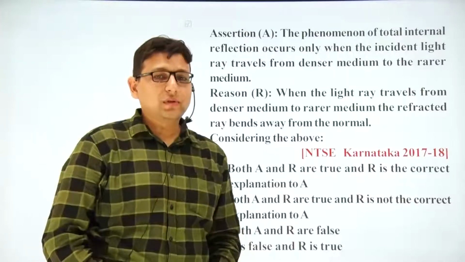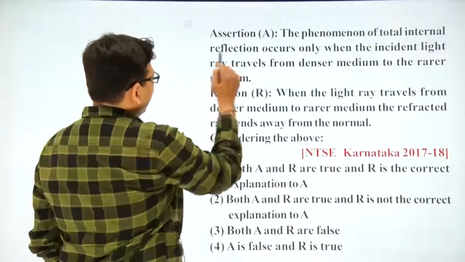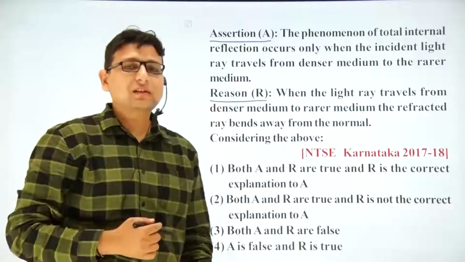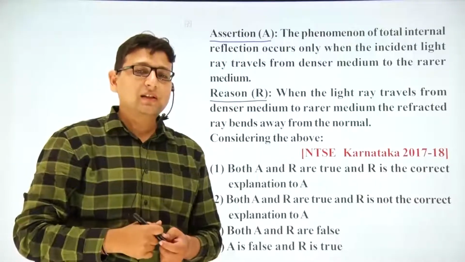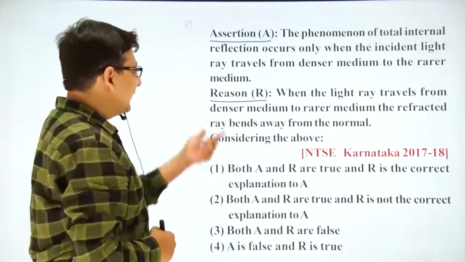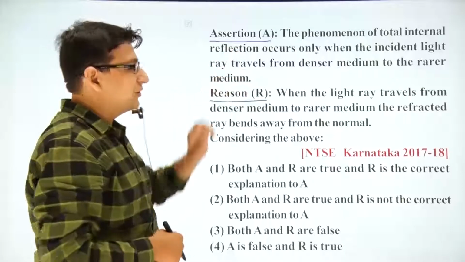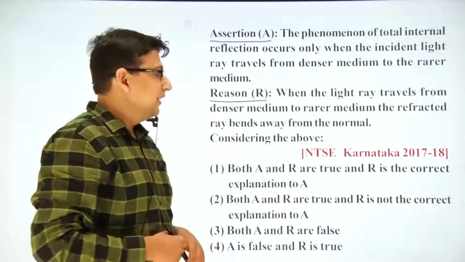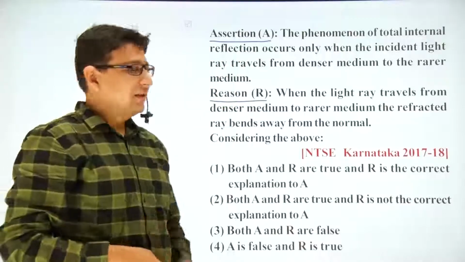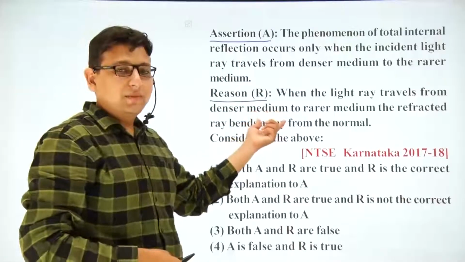Students, moving to the next question. We have a question based on assertion and reasoning. Two statements are given, one assertion and another reasoning, where statement 2 represents an explanation of statement 1. It may be possible that the assertion does not belong to the reason; the reason may be of some other type of problem.